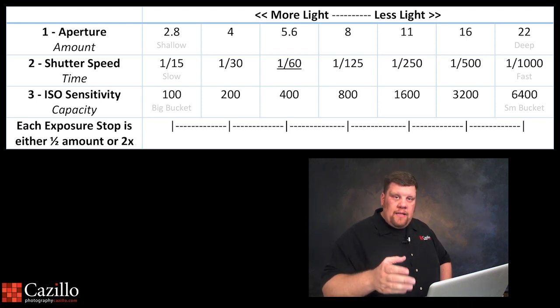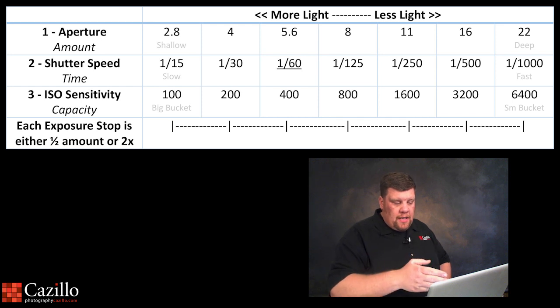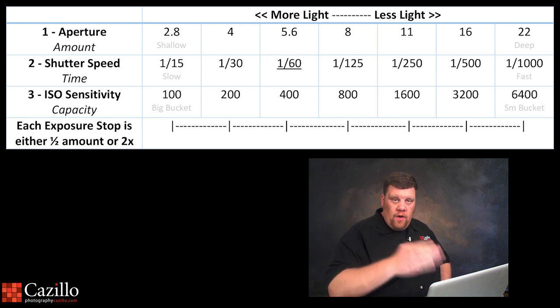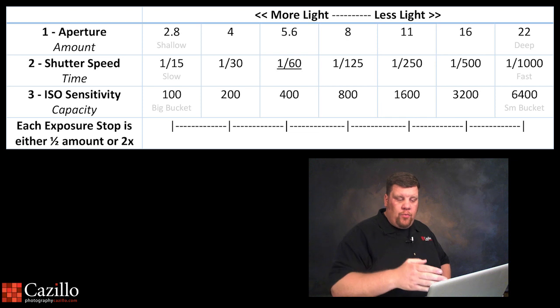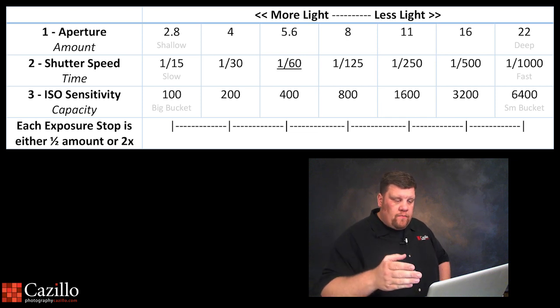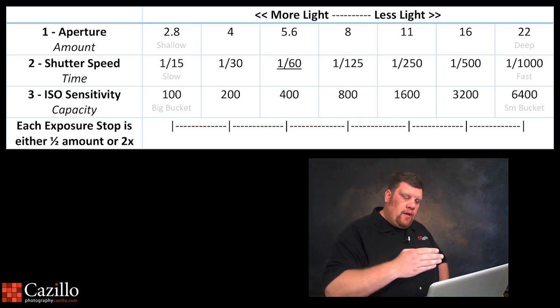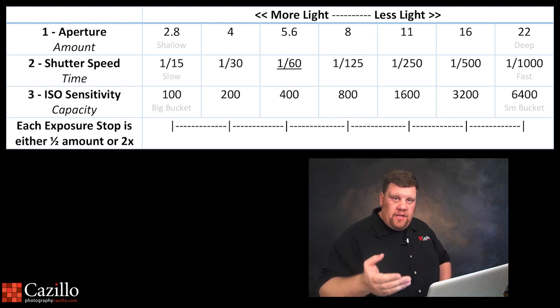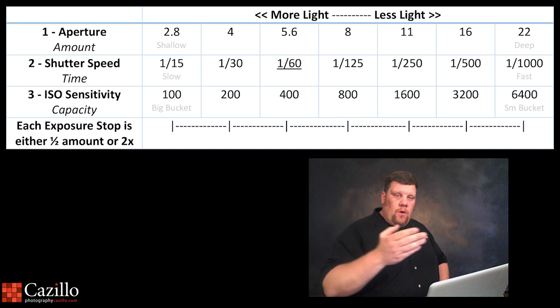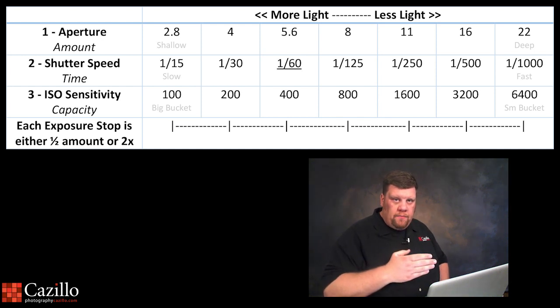Also keep in mind that when you go from one stop to the next, going from left to right, say from f5.6 to f8, you have halved the amount of light. The other way, if you go from say 1/250th of a second to 1/125th of a second, you have doubled the amount of light.